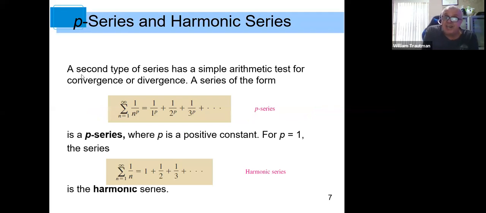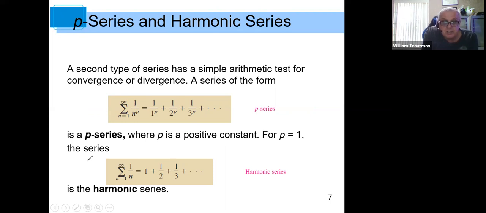P series, I think, is not bad. It's really kind of simple. Here we have 1 over n to the p, and it just depends on what p is going to be.